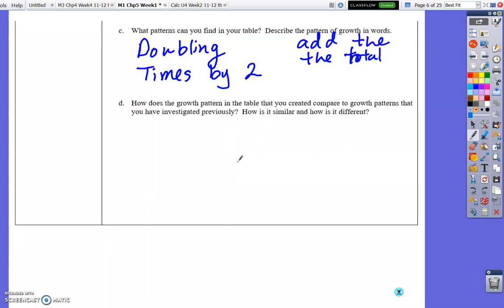As far as how it compares to growth patterns that I've investigated previously, the pattern is consistent. I multiply by the same number every time.